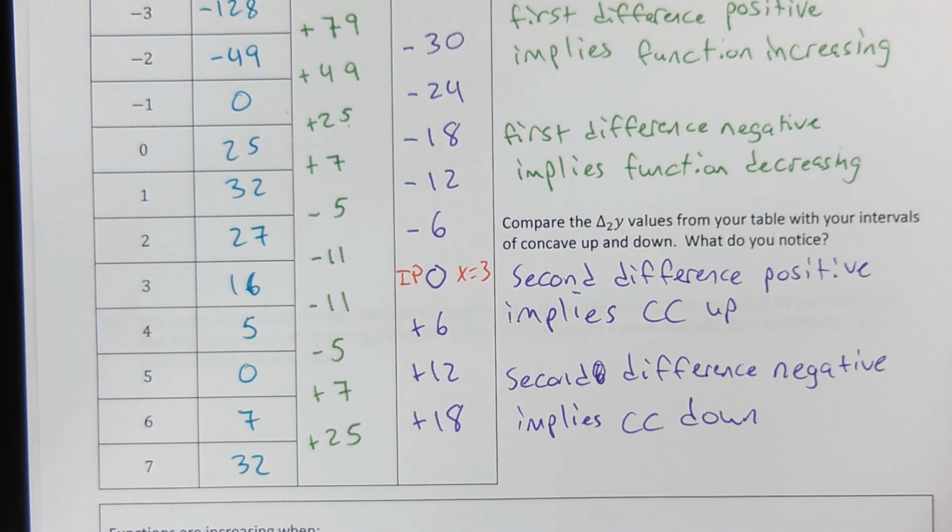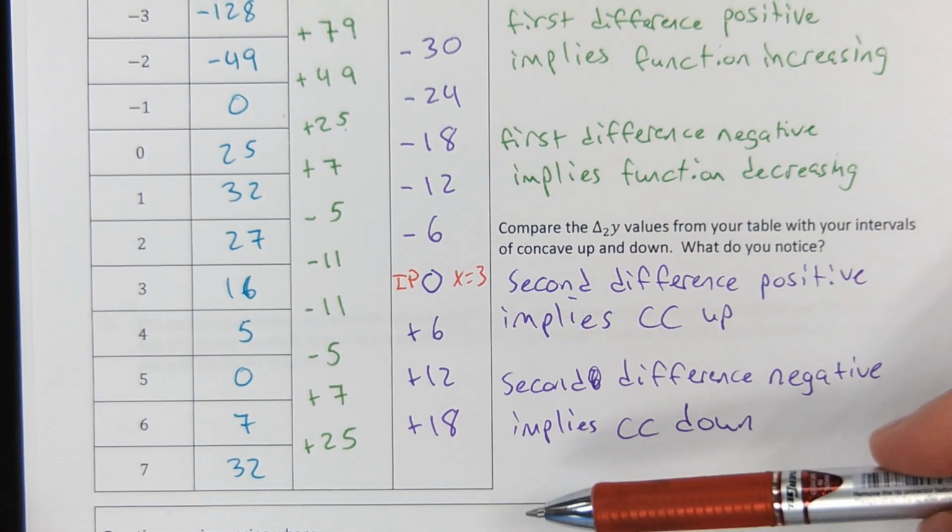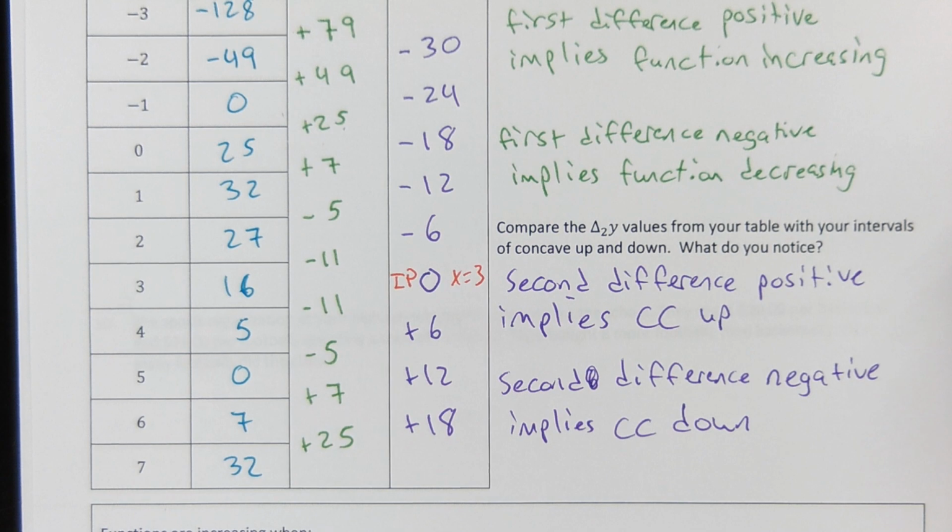No. It's because the second difference changed from negative to positive at x equals 3. And of course, you can't change between positive and negative without passing through a 0. But a 0 doesn't guarantee an inflection point. Inflection points occur when the second difference changes symbol.